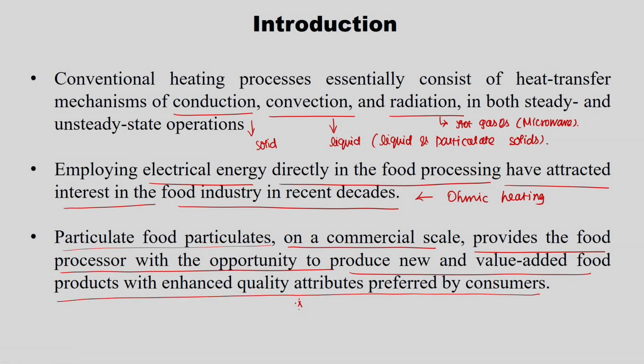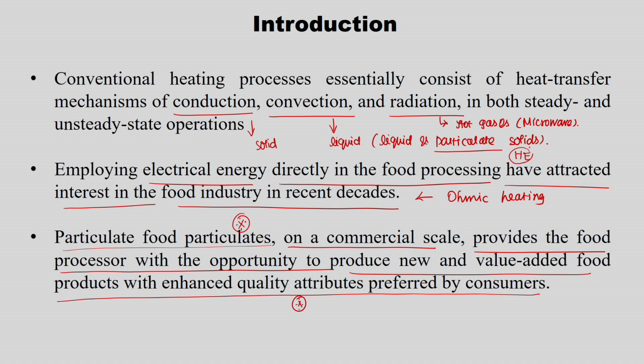This is very important, since we are not applying high temperature directly. So our quality attributes are much higher compared to any other conventional thermal processing, right. And it is also useful when the food contains particulate matter, which is difficult in conventional thermal processing techniques, because if you remember, we said that in certain heat exchangers there is a limitation on the size of the particulate solids while processing.